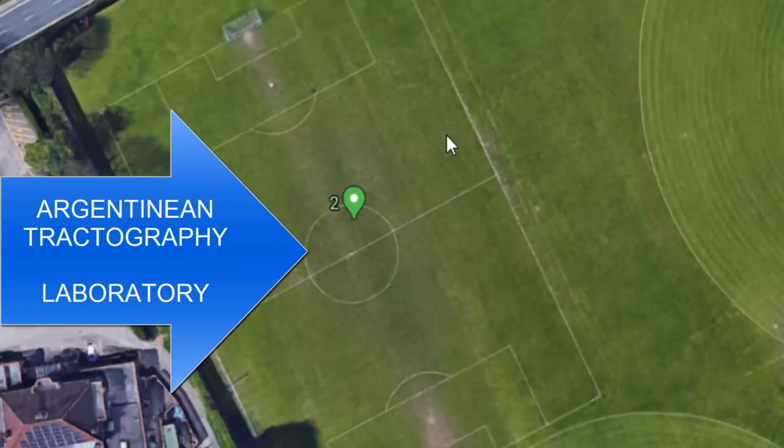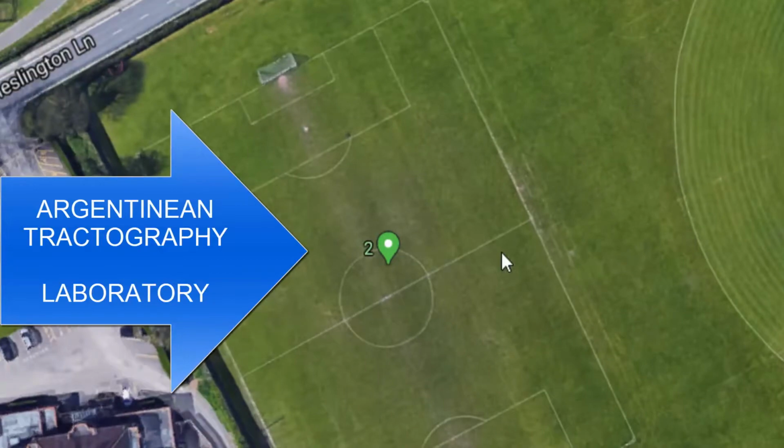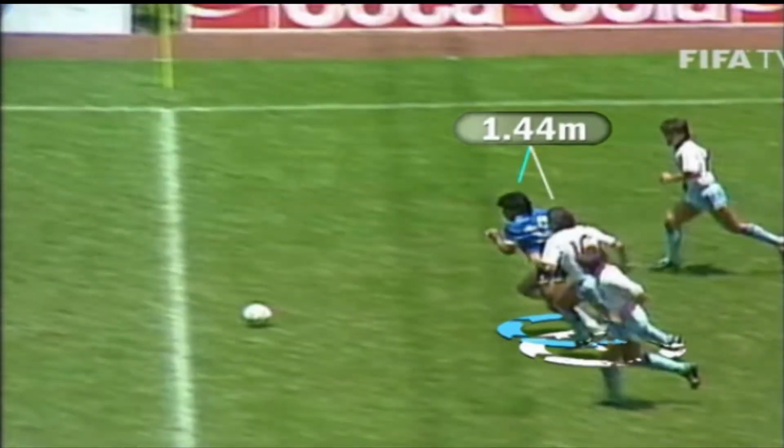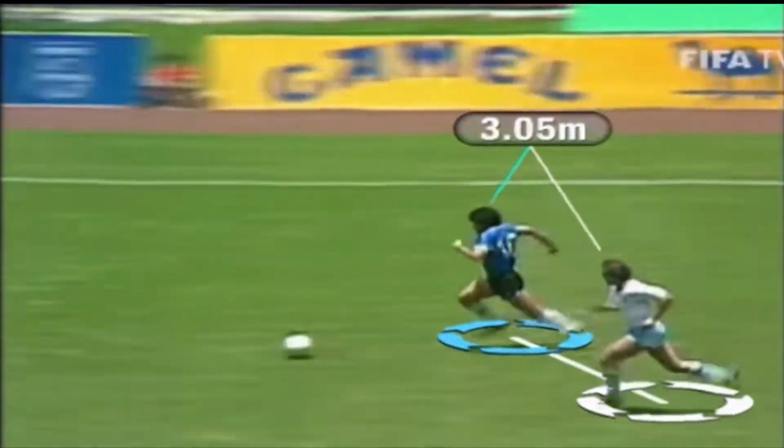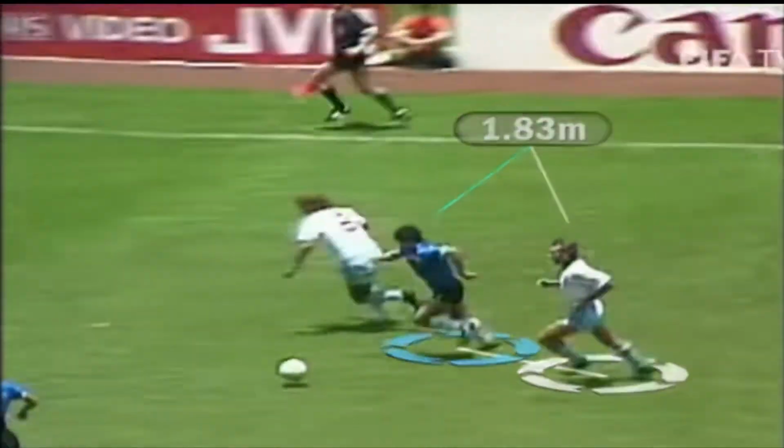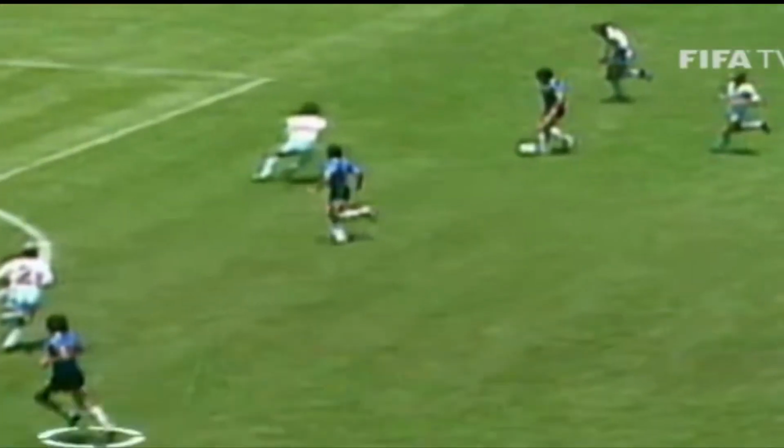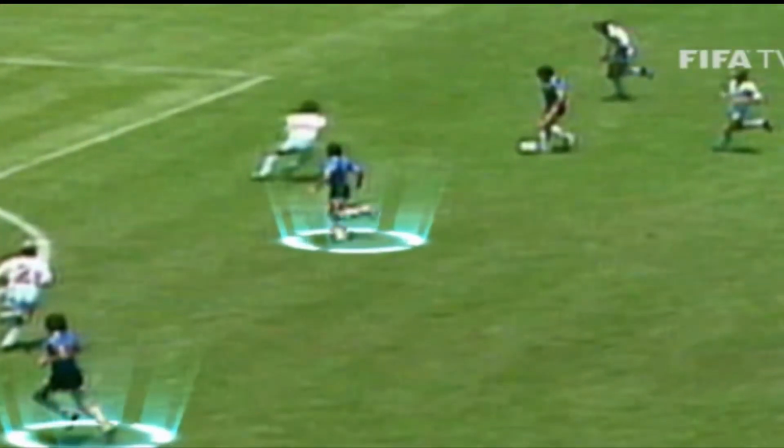Well, you can see this is an Argentinian laboratory, and this is a very good doctor in tractography. You can see how in his dissection he's tracing a bundle.